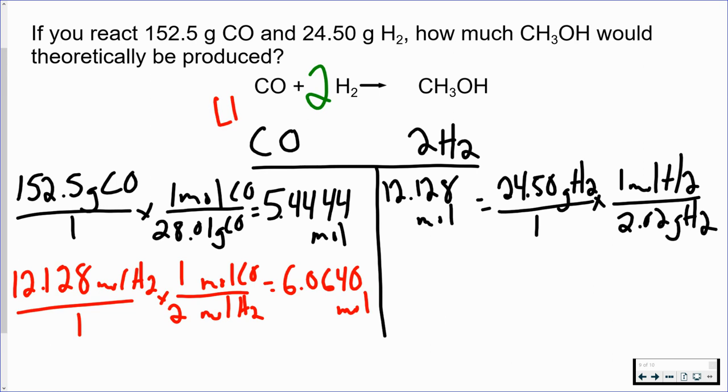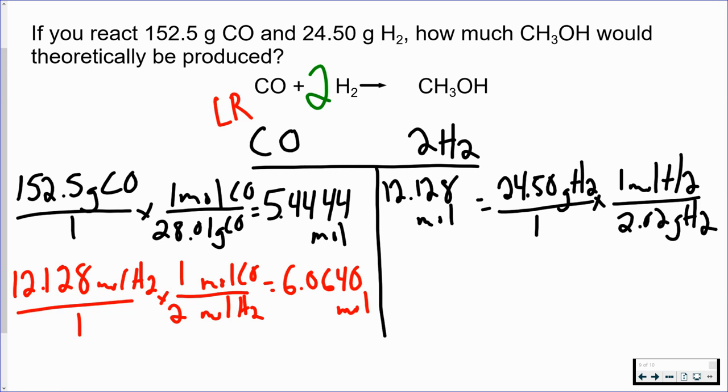So right now, we already know this is going to be our limiting reactant. I don't have enough COs. I only have 5.4444 moles, and in order to use up all of my hydrogen, I need 6.0640. I don't have that. So I'm going to use up all my COs, but I'm going to have some hydrogen left.